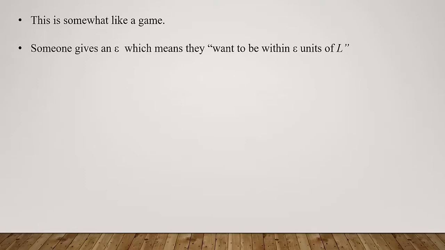I always thought, and I like to think, this is somewhat like a game. And I like games. The game is someone gives you an epsilon, which means they want to be within epsilon units of the limit L. So maybe they give you an epsilon value of 0.001.